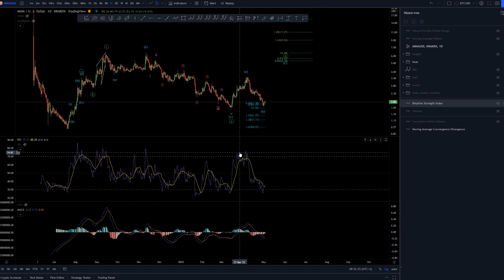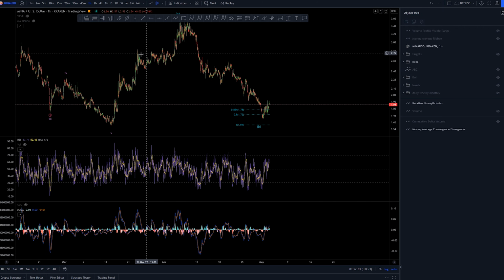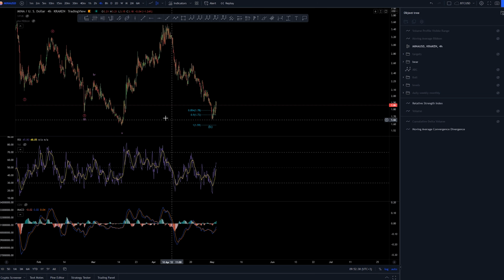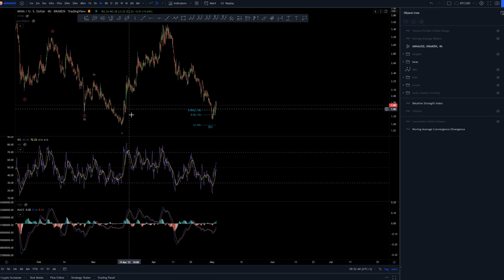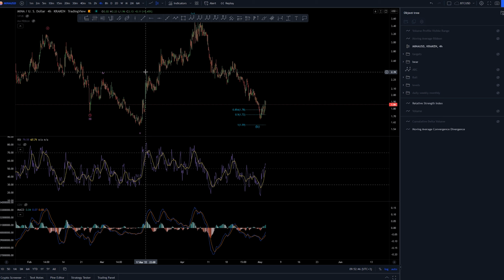Now on the daily again, it is hard to say that this is actually a 5-wave structure just because the RSI is not super clear on it. Let's go back here. So just by looking at RSI, the highest peak would be here, meaning it could be the third wave.